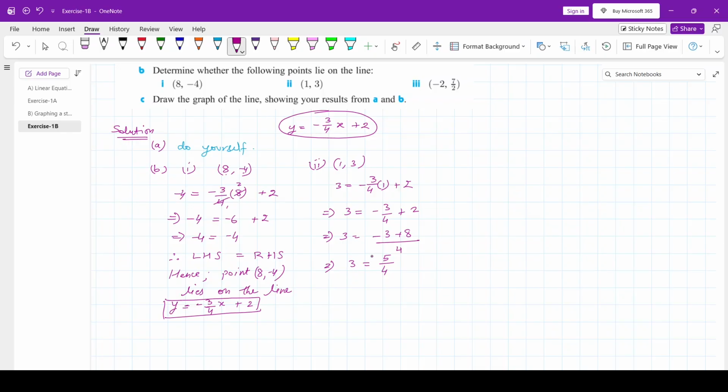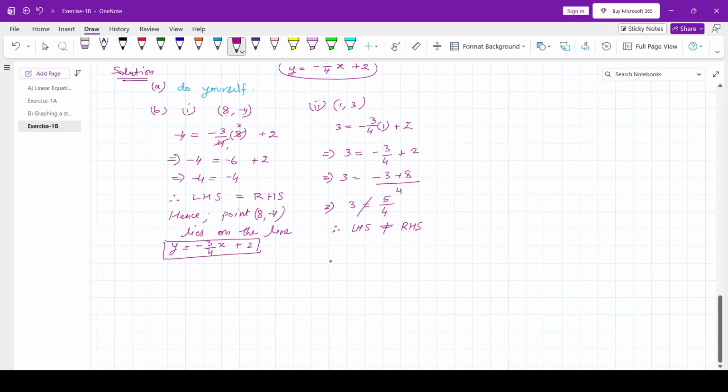Now we know 3 is not equal to 5 by 4. So we can say LHS is not equal to RHS. And hence, the point 1, 3 doesn't lie on the line y is equal to minus 3 by 4 x plus 2.